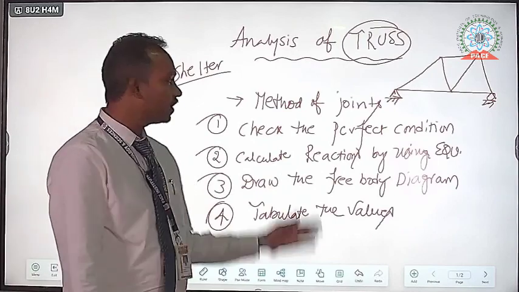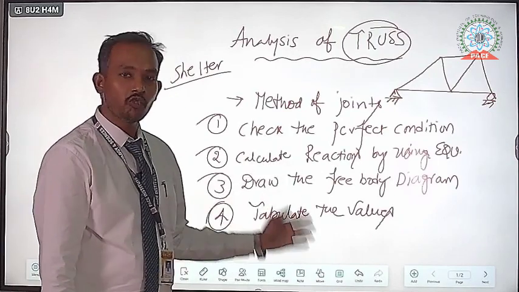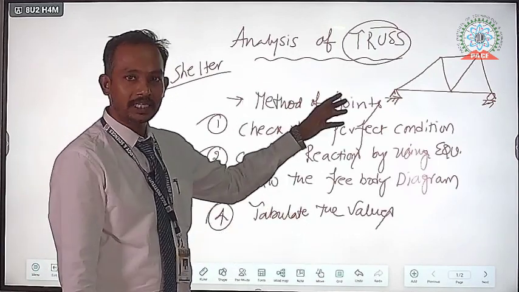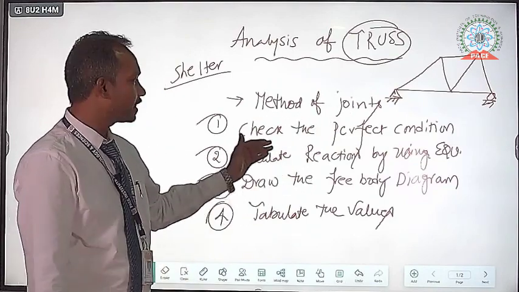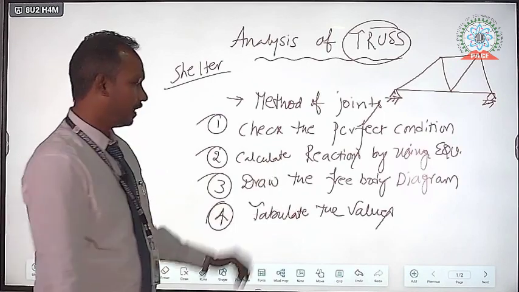Okay, so these are the four steps involved to analyze the truss by using the method of joints. Okay, step by step we can see now.